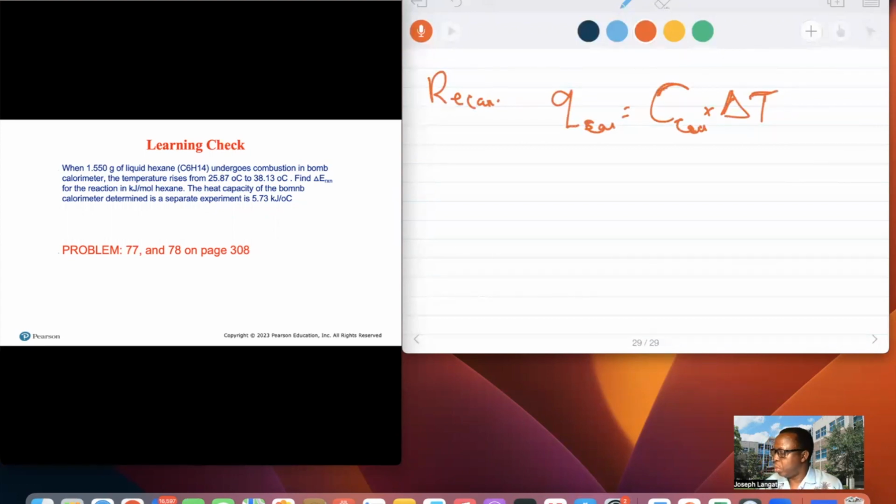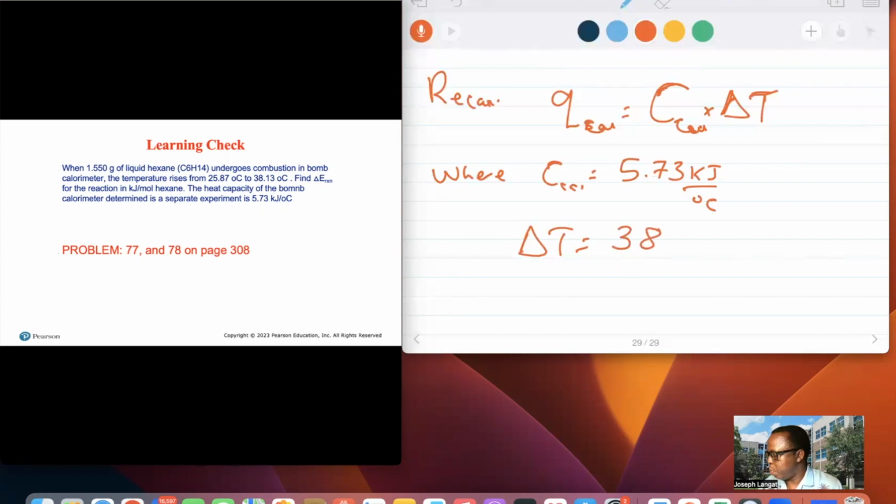So this will be where C calorimeter, we are given that this is 5.73 kilojoules per degree Celsius, and the change in temperature is given by the final, which is 38.13, minus the initial, which is 25.87, units here degrees Celsius.